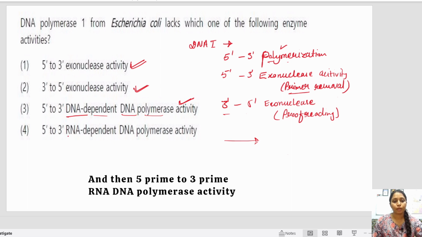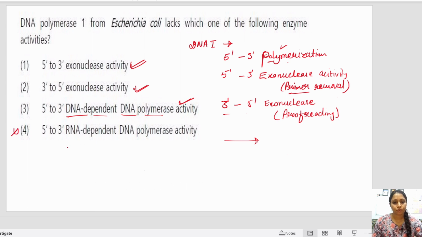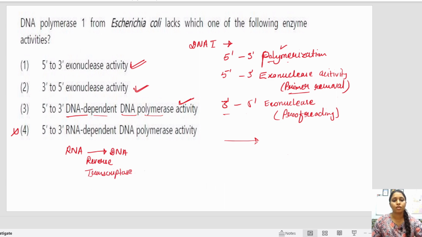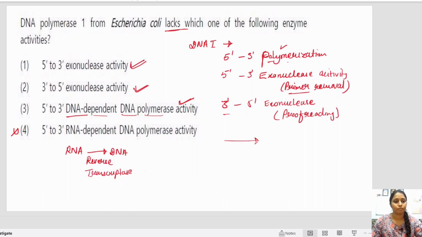And then 5' to 3' RNA dependent DNA polymerase activity: this is the wrong option, because DNA is formed from RNA. This activity is present in the reverse transcriptase enzyme, not in DNA polymerase I. So this is our answer, because here they ask which activity is lacking in DNA polymerase I.